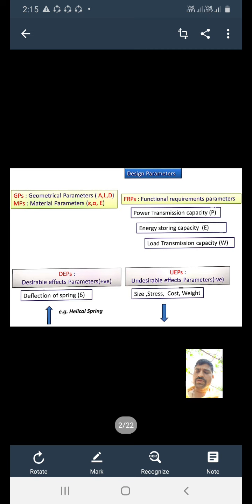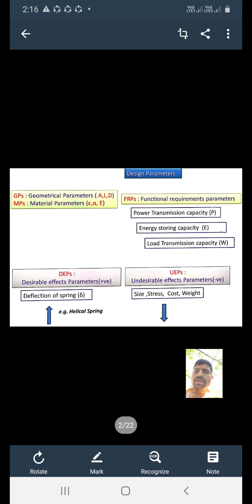That's why you should select independent geometrical parameters, which allow independent variation of each parameter in the design procedure. For example, area, length, diameter of that component. Then we'll see some characteristics of the geometrical parameters. In the design procedure, the value of a geometrical parameter can be varied more continuously than a material parameter.